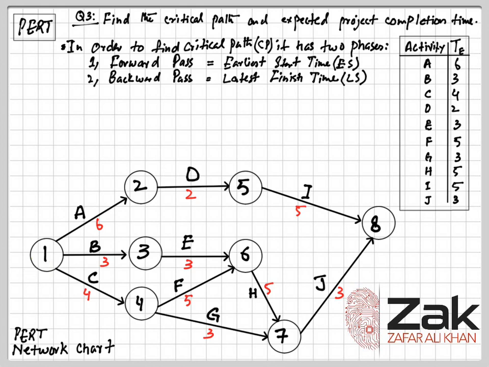Let's see how. In the forward pass we need to find the earliest start time, and for the backward pass we need to find the latest finish time for every single node. So remember that for every single node that we have here, 1, 2, 3, 4, 5, 6, 7 and 8, we need to find the earliest start time and latest finish time.